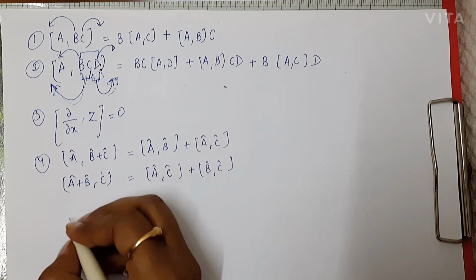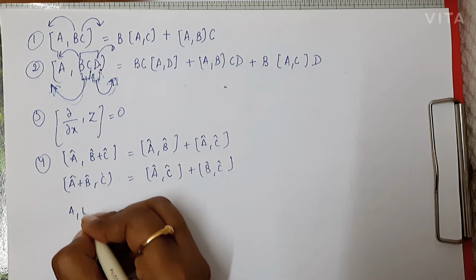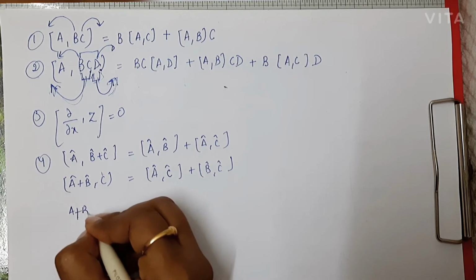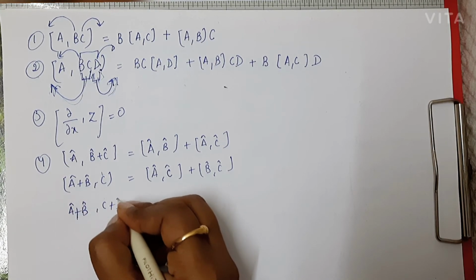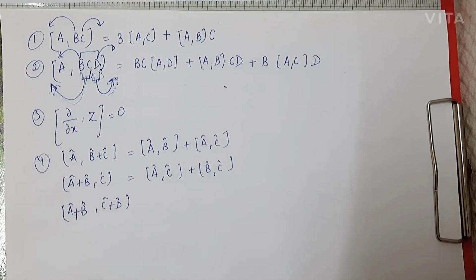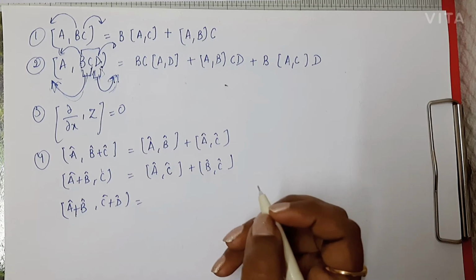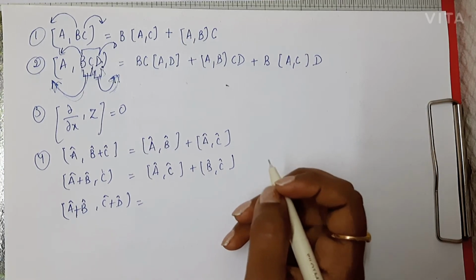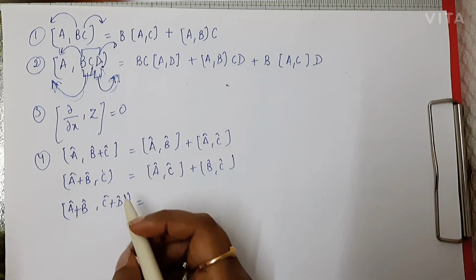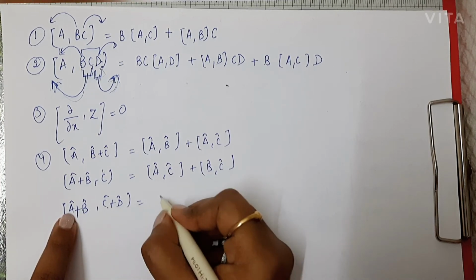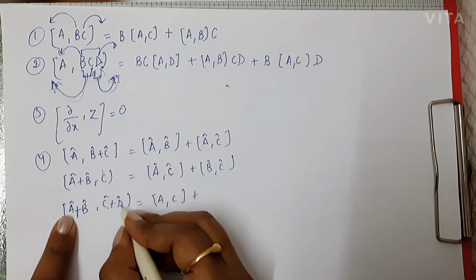Now if you want to solve the commutation for a plus b and c plus d, then what you have to do is, again, just like opening a bracket in mathematics, first a with c, so it will be a c plus a with d, right?